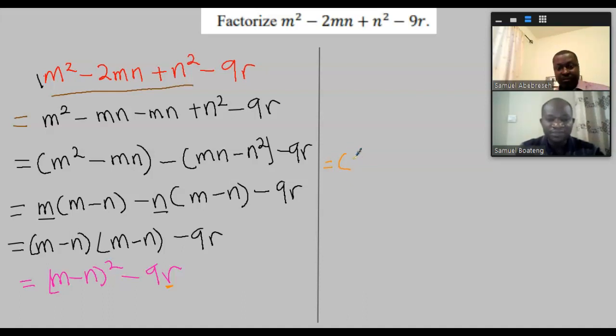To use difference of two squares, we need to rewrite r to make it a perfect square. So we can write it as root r all squared.